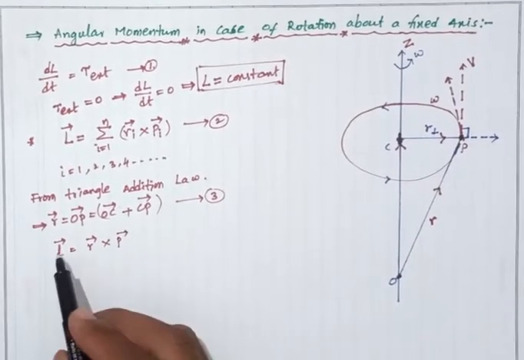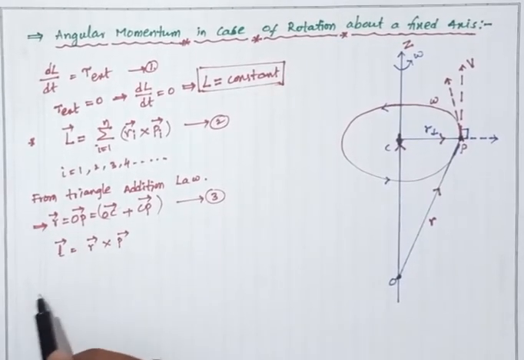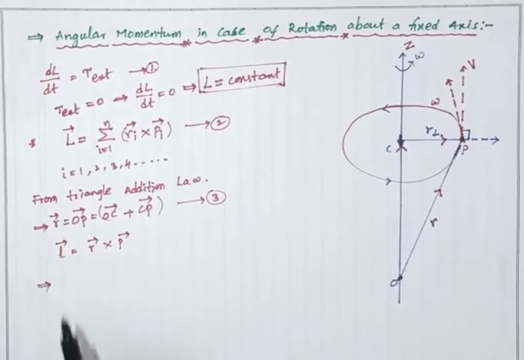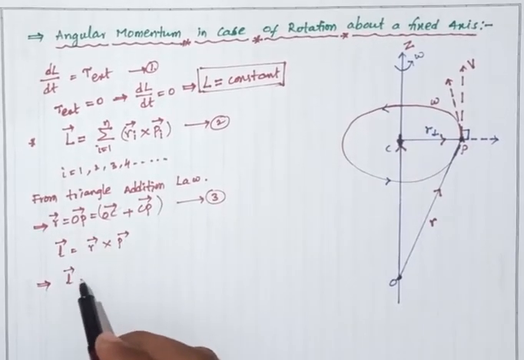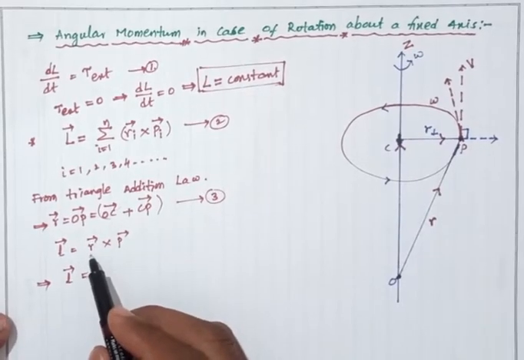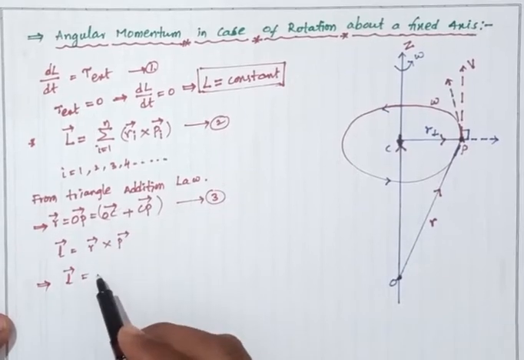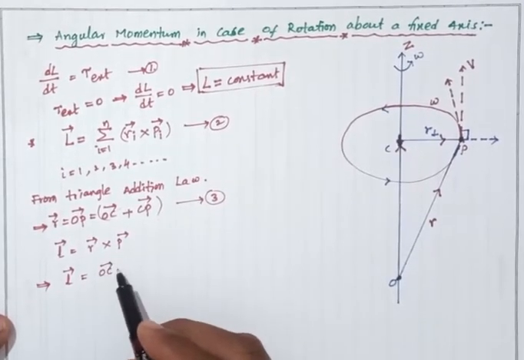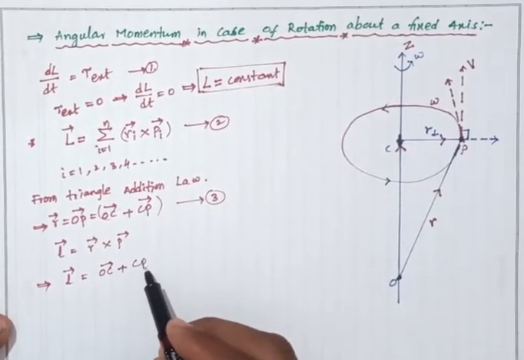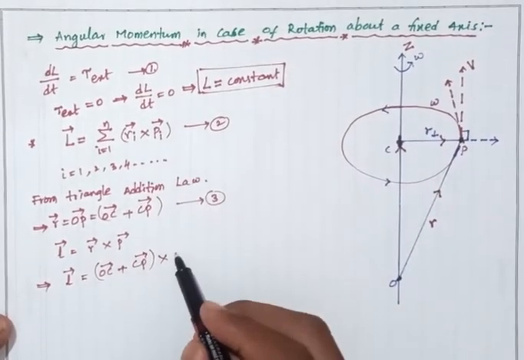This implies L bar equals, what is R bar here? R bar equals OP bar, which is OC bar plus CP bar, cross P bar.